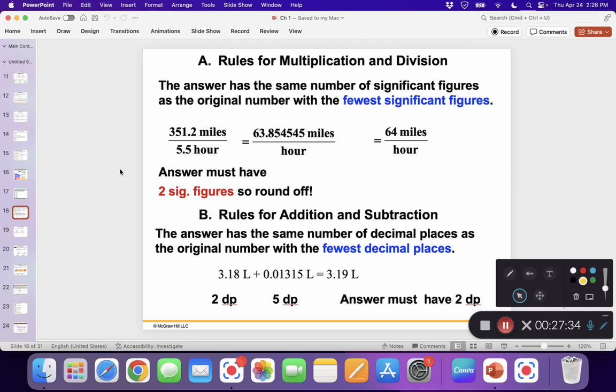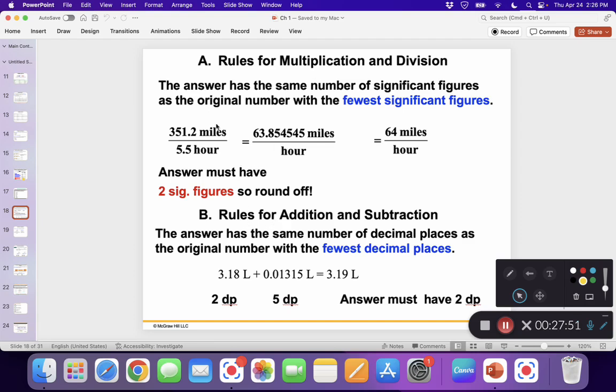Okay. So how do we apply significant figure counting in our regular math? We have 2 more rules. One rule is for multiplication and division. The other rule is for addition and subtraction.